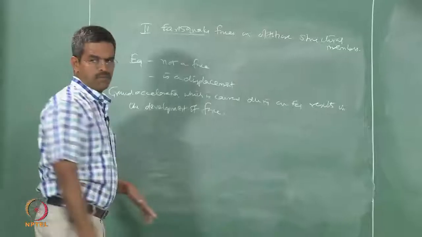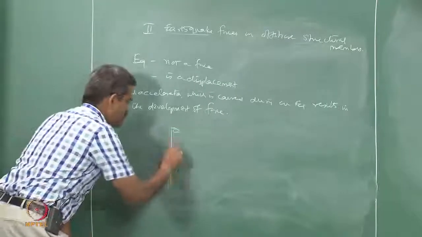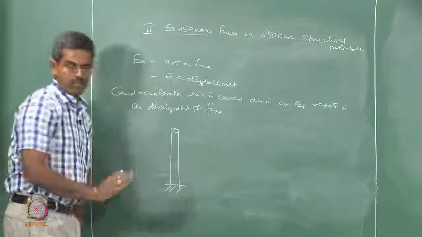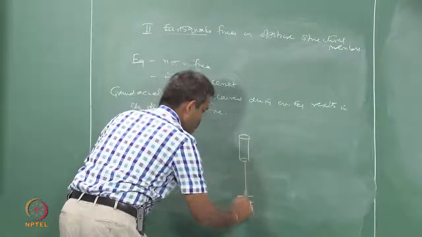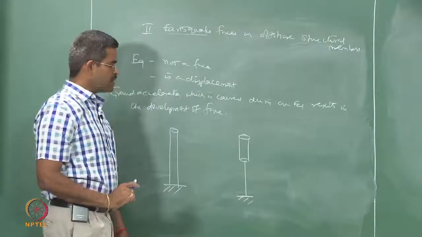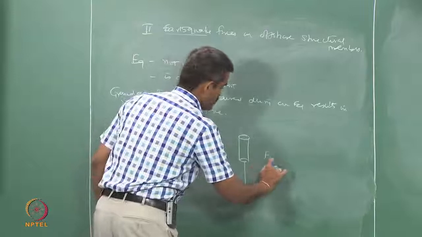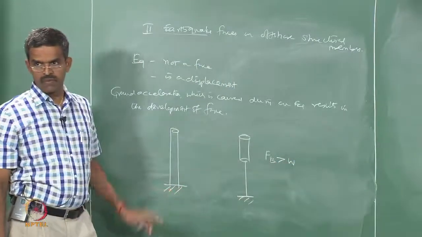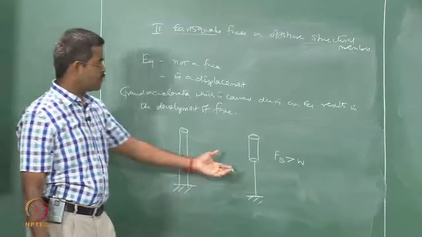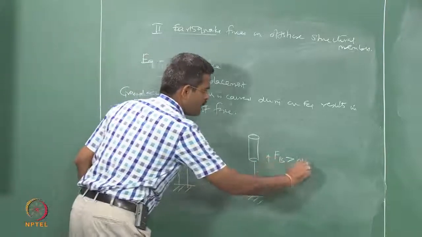So one can ask a very simple question and try to understand how serious it is. Let us say I have one cylinder which is fixed, another cylinder which is anchored using a cable. Obviously system is designed so that the buoyancy force will exceed the weight of the system. Therefore, we will try to push the system up, because buoyancy we know it will act upward, weight of course will act downward.